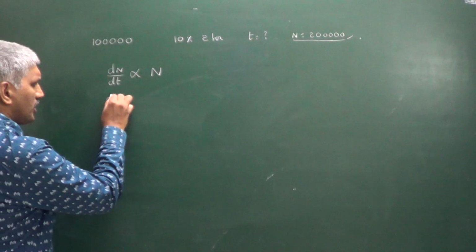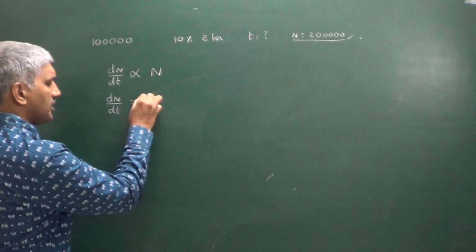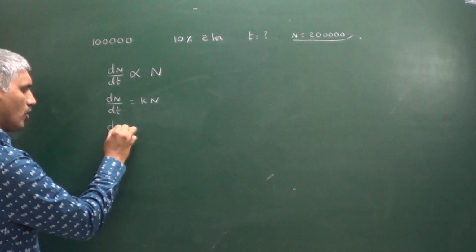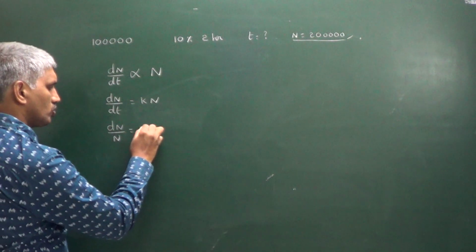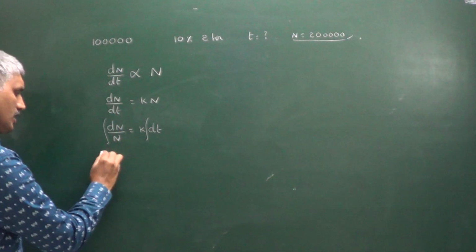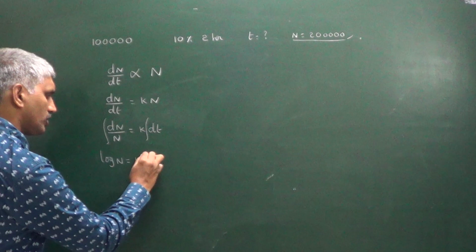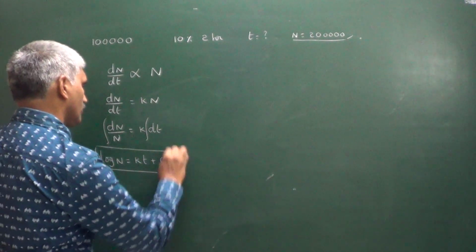Observe here, dN/dt is equal to k times N, where k is the proportionality constant. Now we are using the variable separable method: dN/N is equal to k dt. Now integrate both sides. Here you will get log N is equal to kt plus the constant of integration. That is the equation we got.